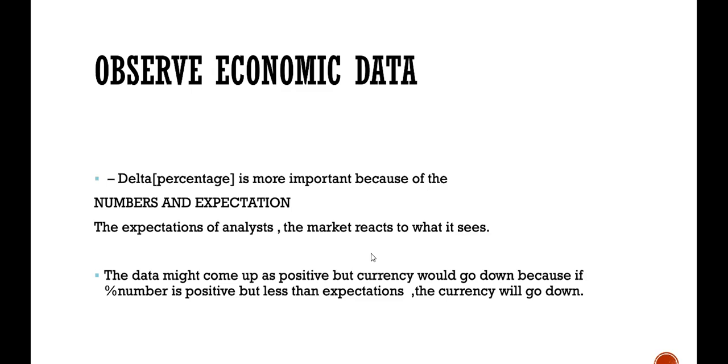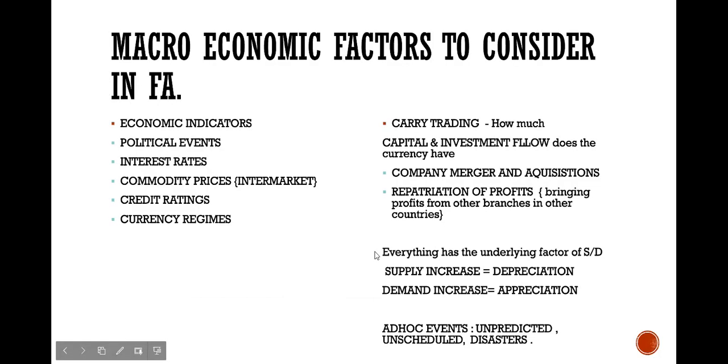So you need to know how they react to those percentage numbers. So we'll give examples when we get there. These are the economic indicators, or some economic factors to consider in fundamental analysis.